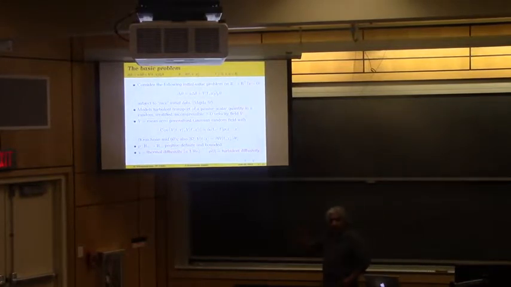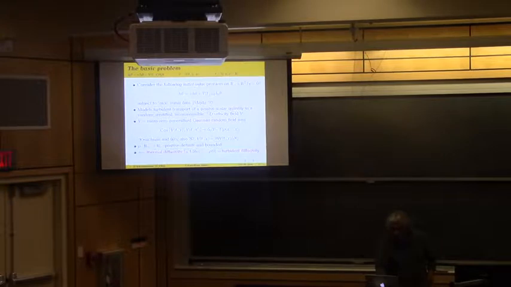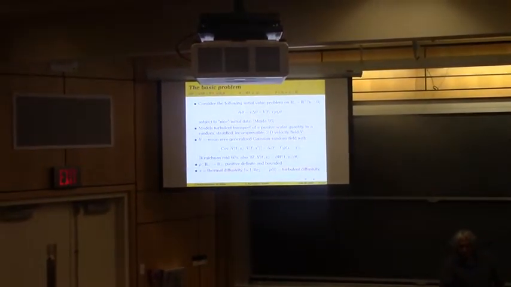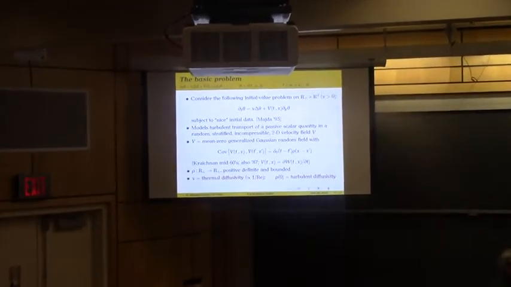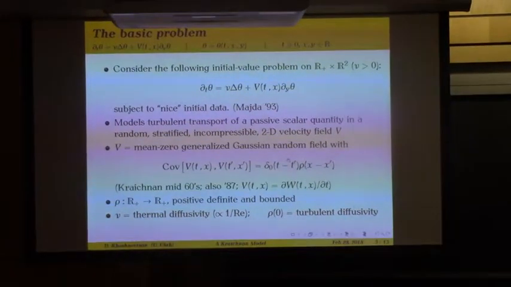Think of this physically, right? It's just more turbulent. On the other hand, there's also a source of randomness here. So what is rho zero? Rho zero is a very important quantity. Rho zero, take t equals t prime and x equals x prime. Covariance of a random variable with itself is its variance. So rho zero. Asking about nu? About nu, yes.